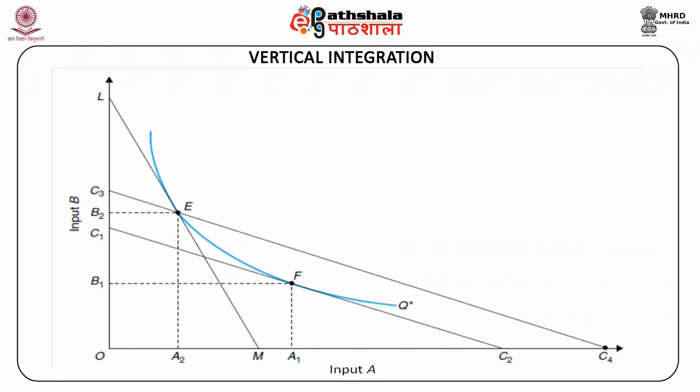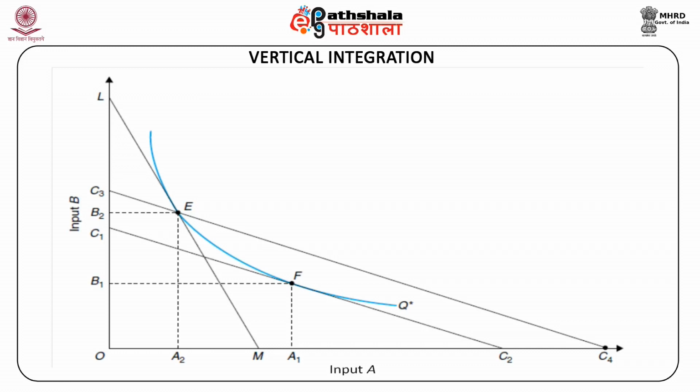The possible input combinations are shown by the isoquant for a given output Q star.